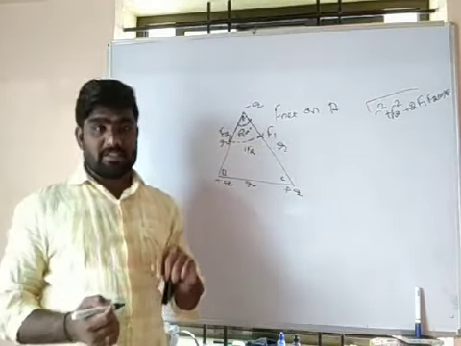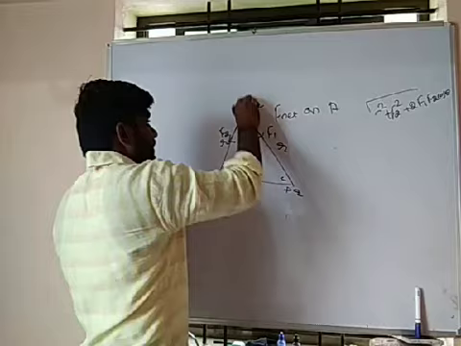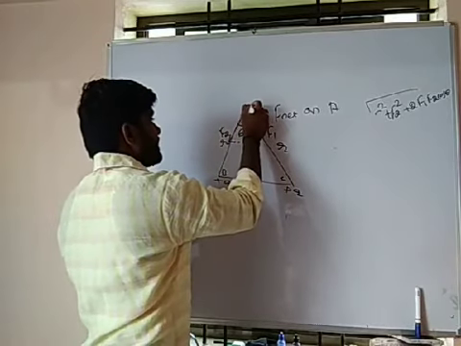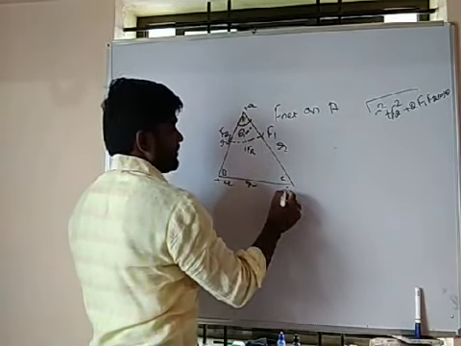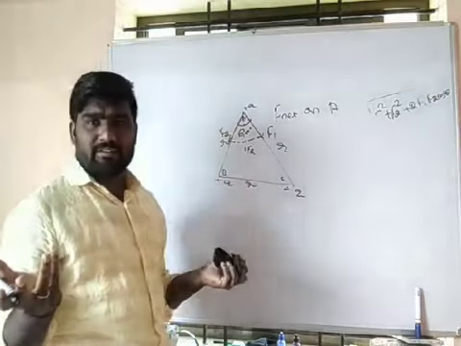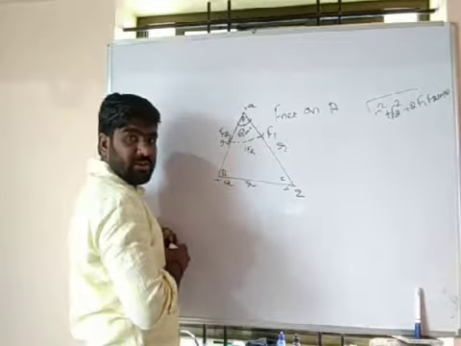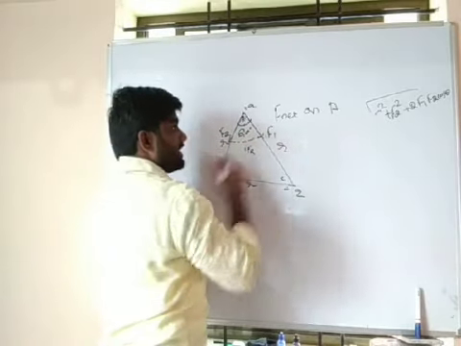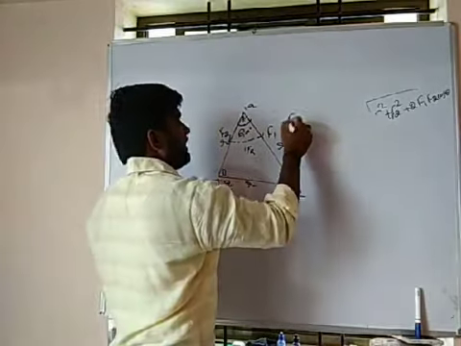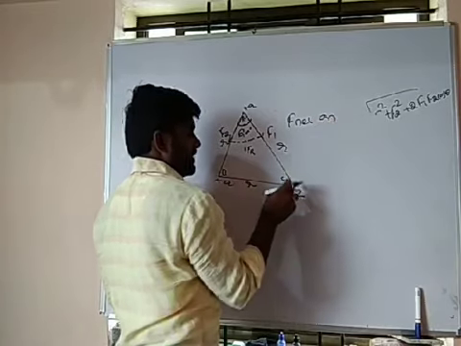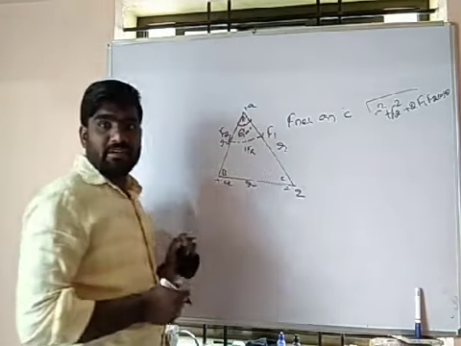F1 F2 cos theta. So instead of here, if I give a positive charge, here I am taking a negative charge. Wherever you may take, no problem at all. I am taking a negative charge over here. This point charge, F net on C, how to calculate this?